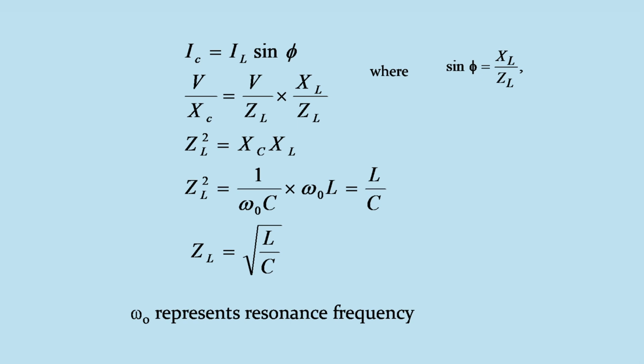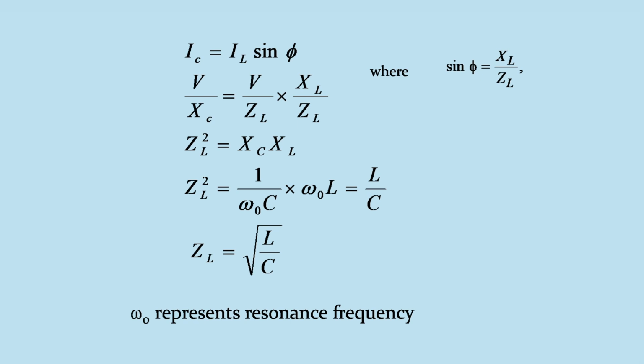You have already calculated the value of this capacitive current IC. This IC can be written as voltage V upon XC, and IL can be written as V upon ZL, and the value of sin phi can be written as XL upon ZL. After solving, you will get ZL square is equal to XC into XL.